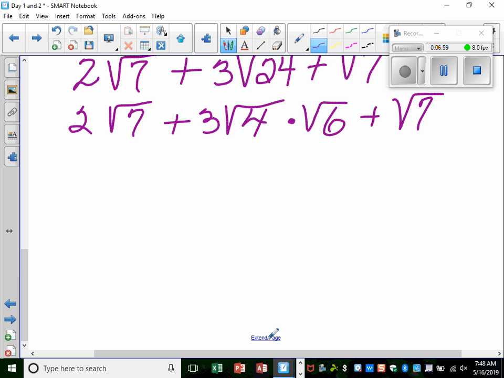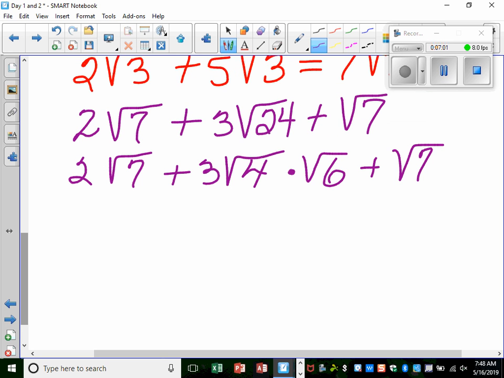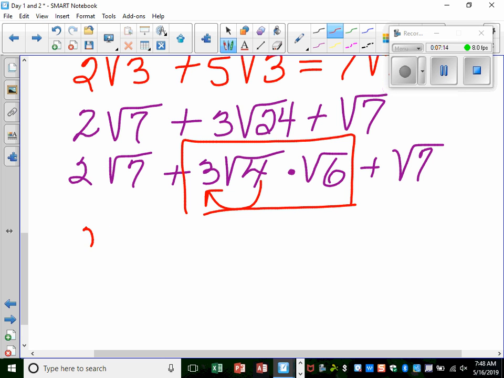Then I take the square root of 4 out and multiply it by the 3 on the outside. So this part gives me 6 rad 6, correct.